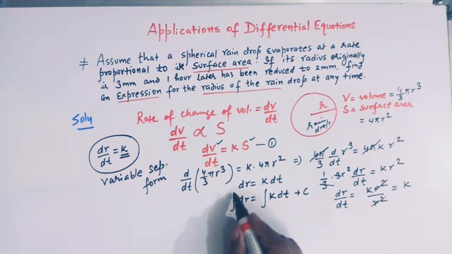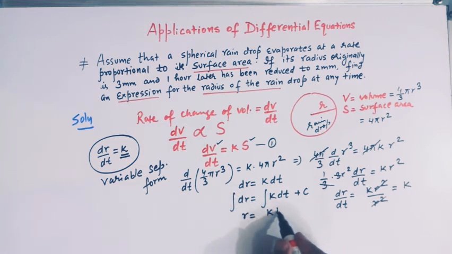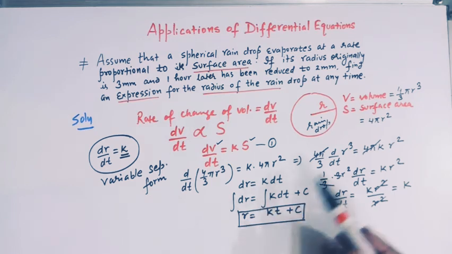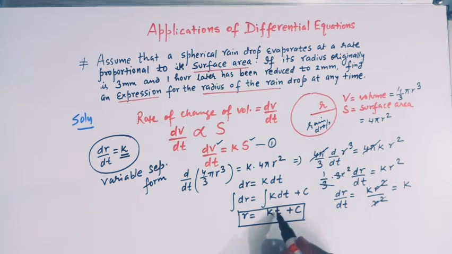So integral dr is r, and here we have kt plus c. This is the expression for the radius of the raindrop related to time, so r is equal to kt plus c.